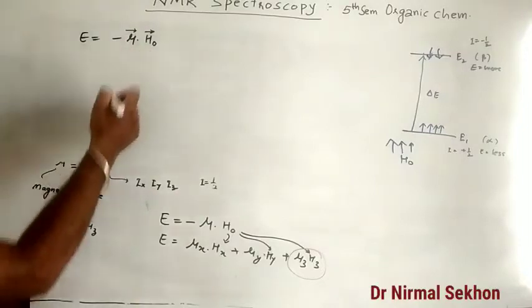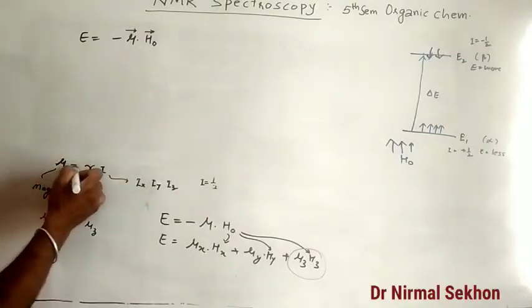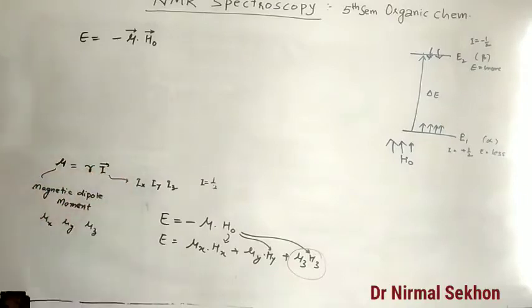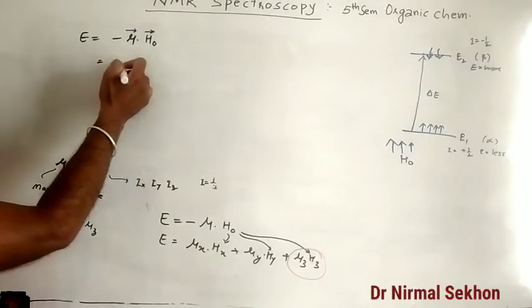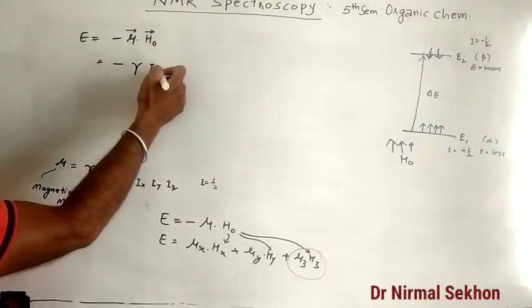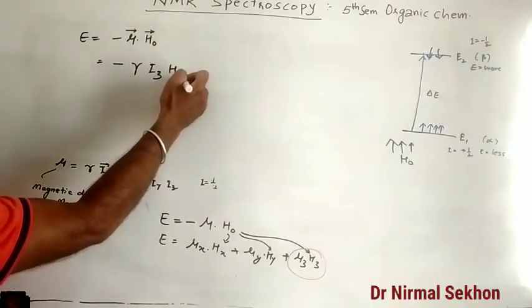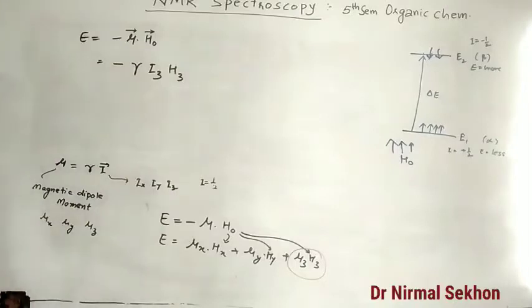We may replace mu by gamma I, so you can write here minus gamma Iz, and now we can write Hz, when we apply the external magnetic field along the z axis.